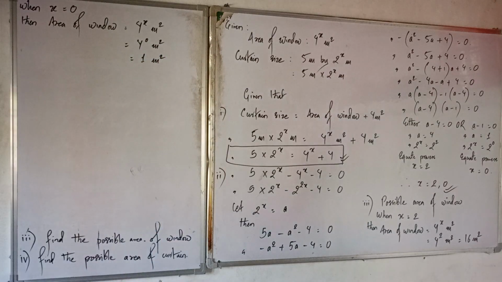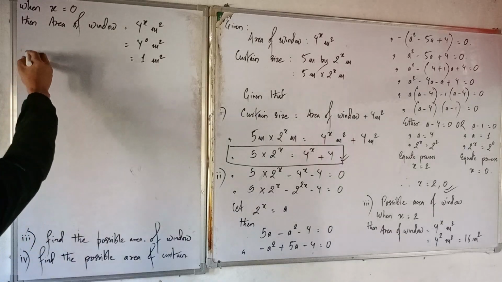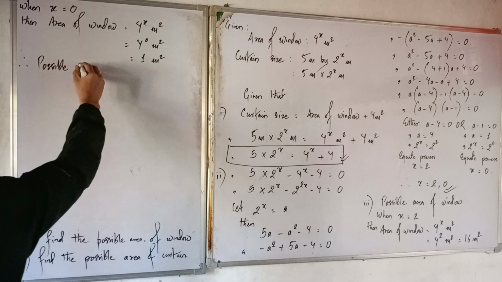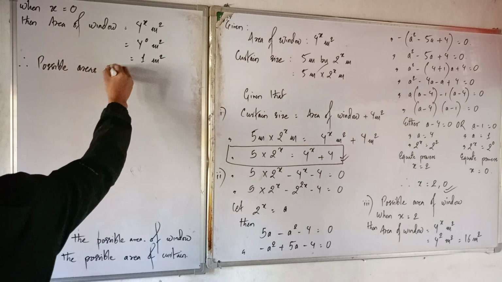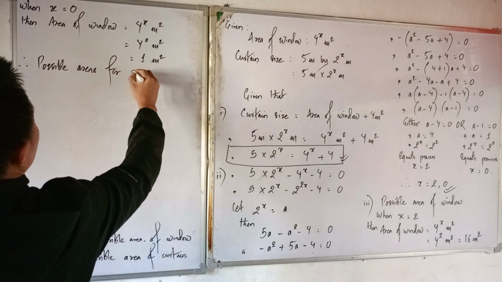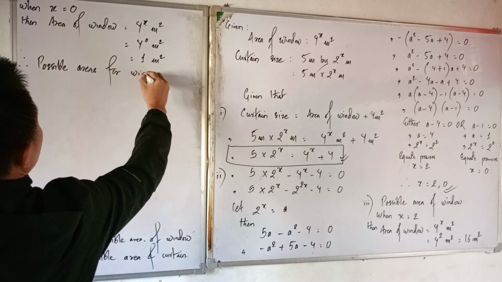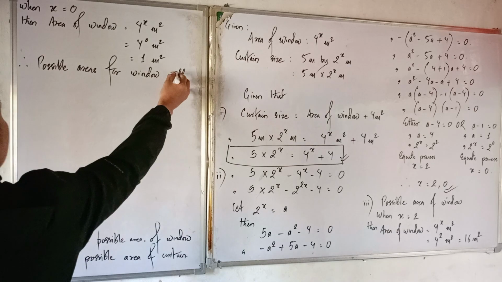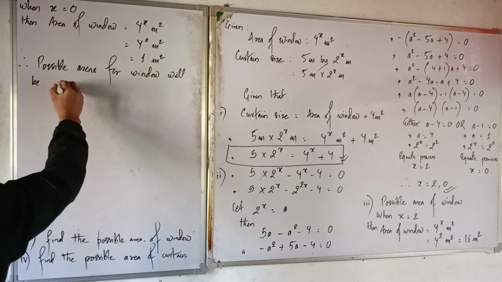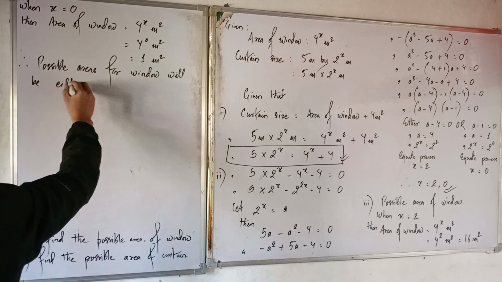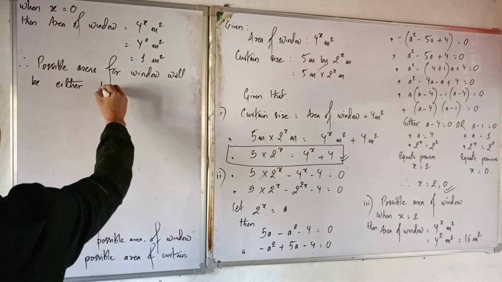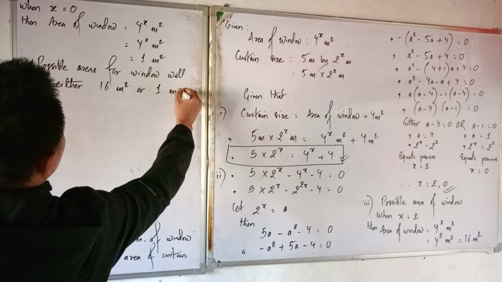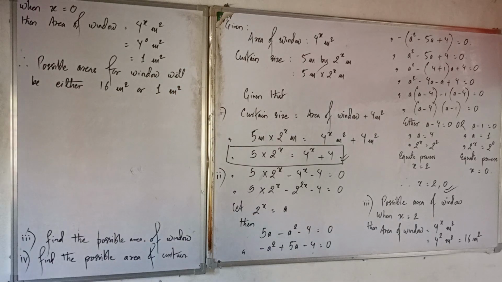So the possible areas of window will be either 16 meter square or 1 meter square.